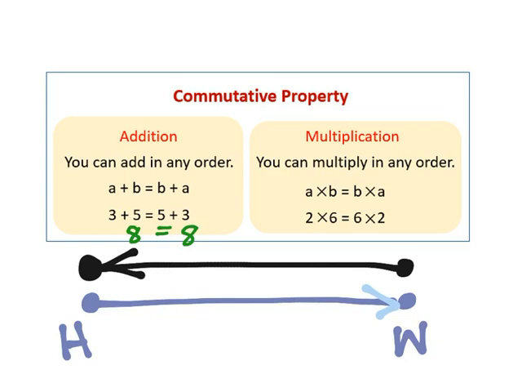If you multiply 2 and 6 together, you're going to get 12. If you flip the order and multiply 6 and then 2, you're still going to get 12. So no matter how you look at it, it's going to work out. And that is the commutative property. If you need to pause the video now to write anything down, please do so. Otherwise, we're going to move on to the next property.